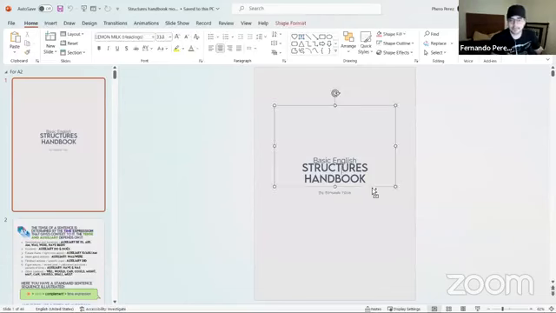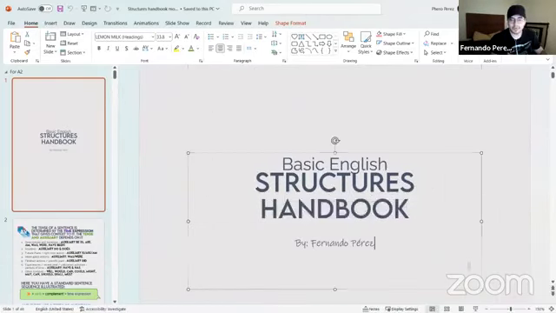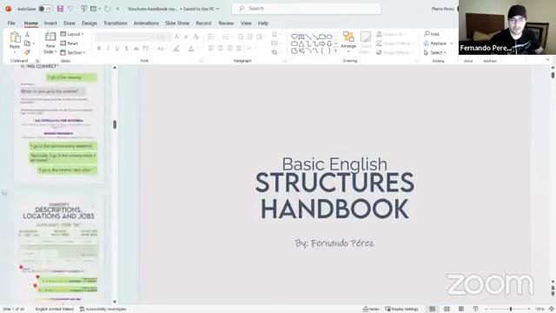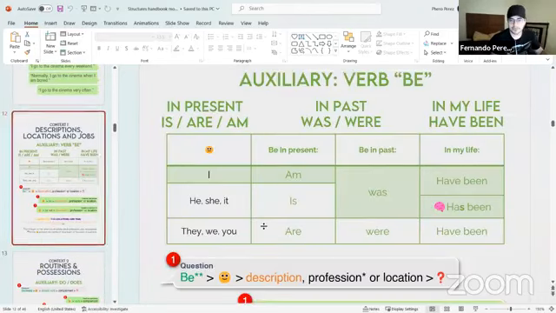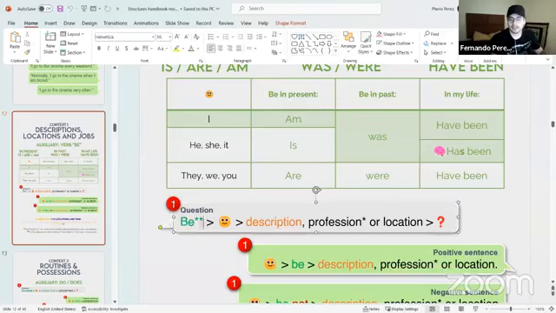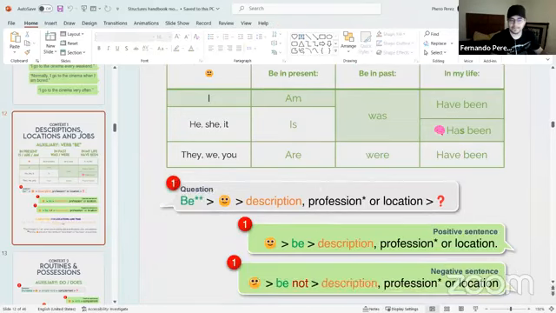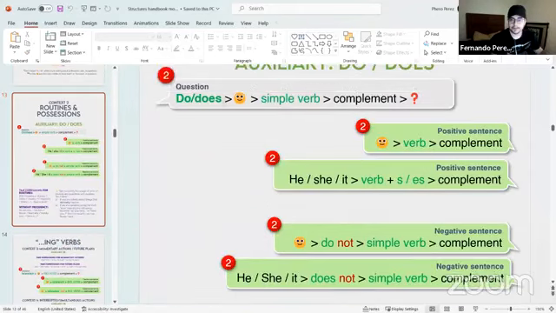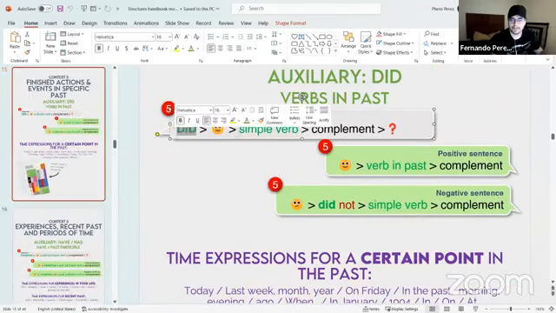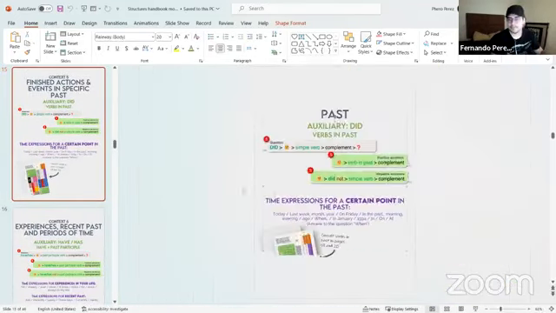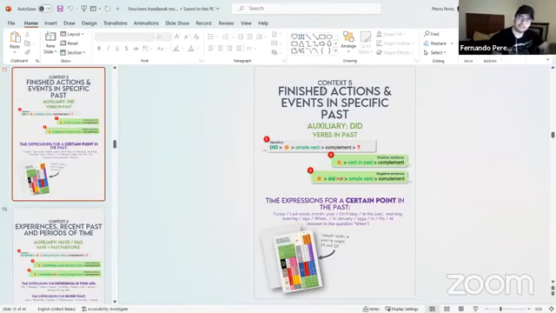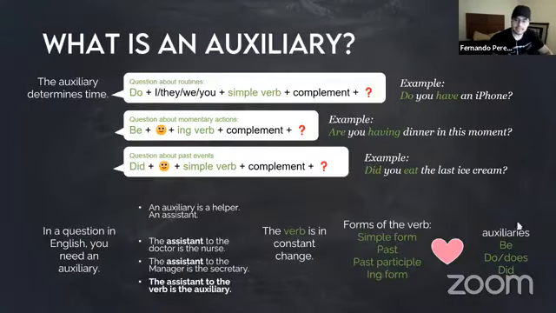This handbook is a manual that includes all the possible combinations between the auxiliary and the verb. In this document, you have all this information that I am speaking about. This is the form of the verb corresponding to one auxiliary.